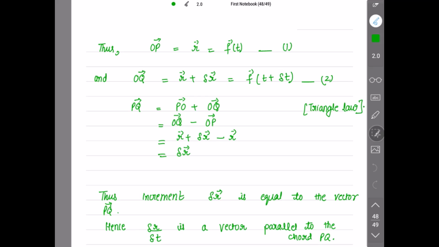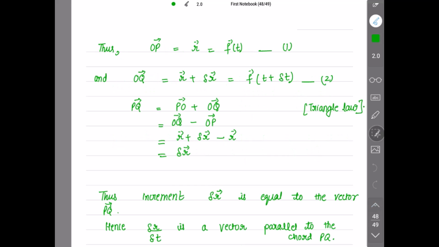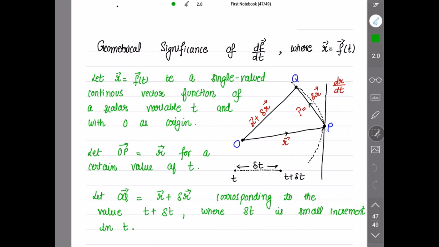And if my delta t is tending to 0, then taking the limit of delta r over delta t, this will become dr by dt, the derivative of r with respect to t. Then the final vector will be parallel to the tangent at P. See, Q will be tending to P, so now this will become your tangent at P. This dr by dt is the vector parallel to this tangent at P.